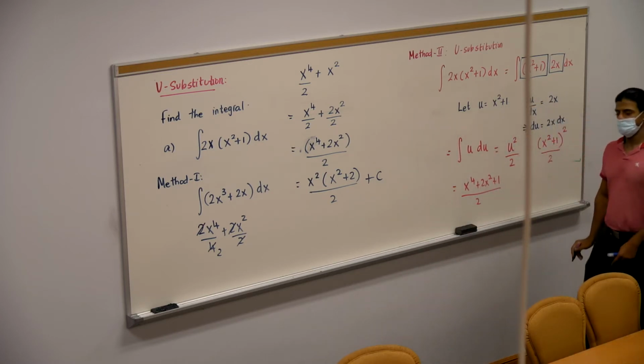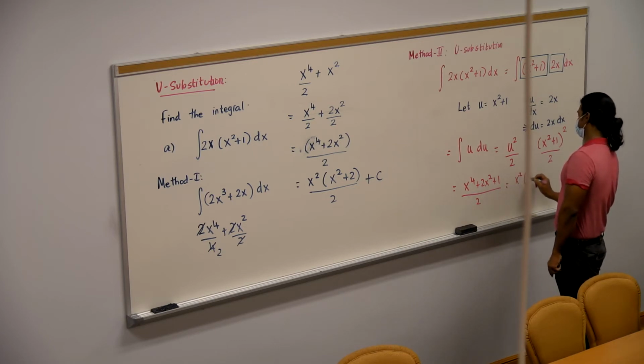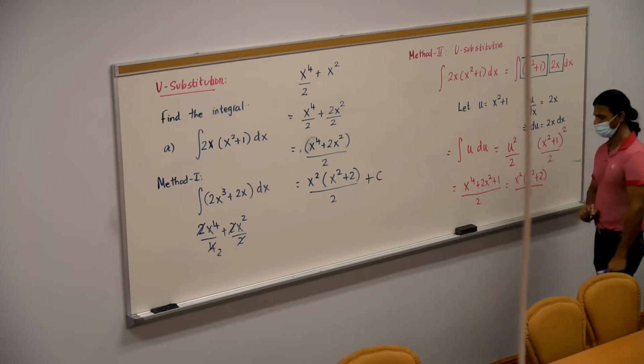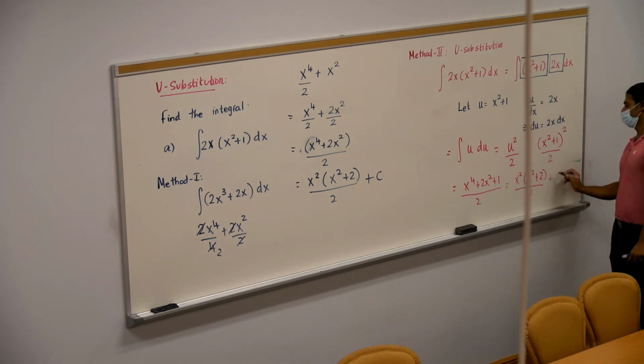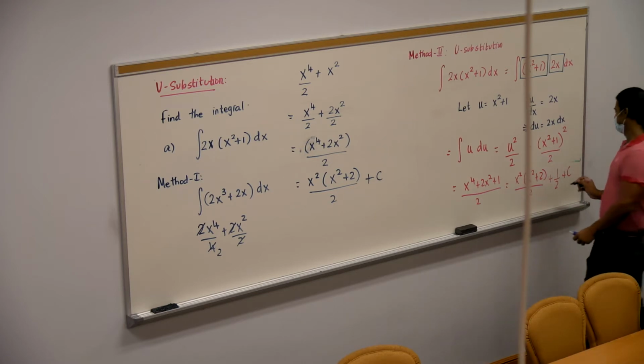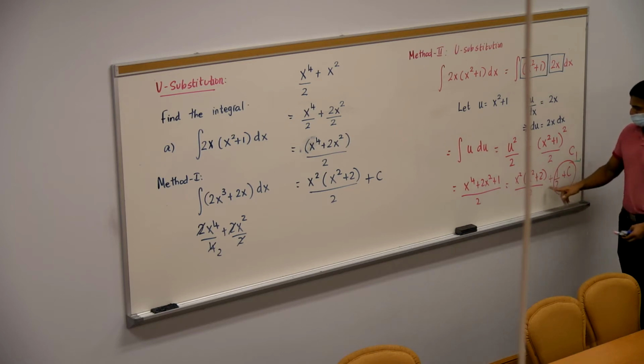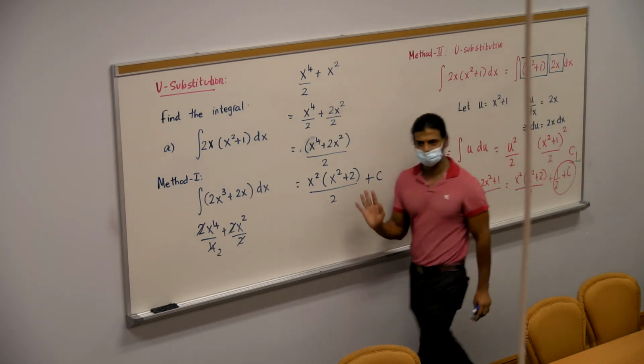That would equal x squared times x squared plus 2 over 2 plus 1/2. I split it up. Plus c. But a constant plus 1/2 is still a constant, correct? So I'll just call it C1. And you can see that this matches with that.